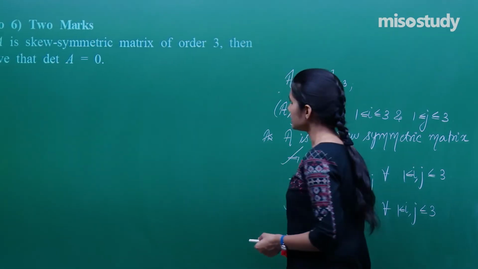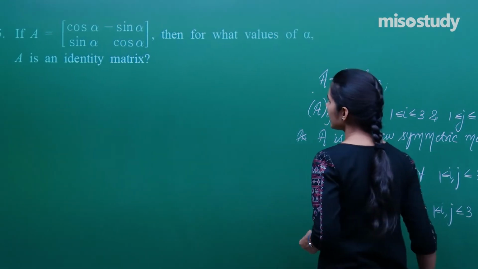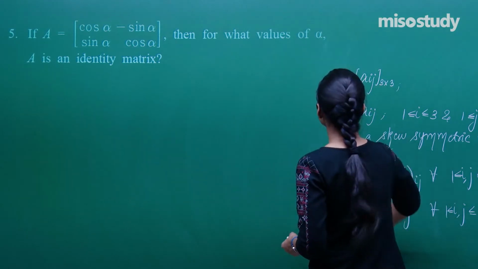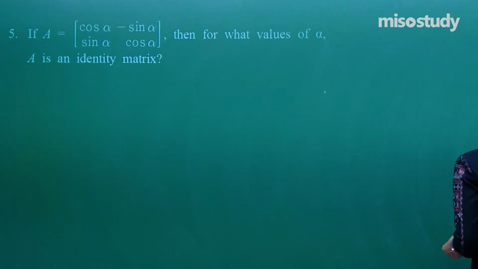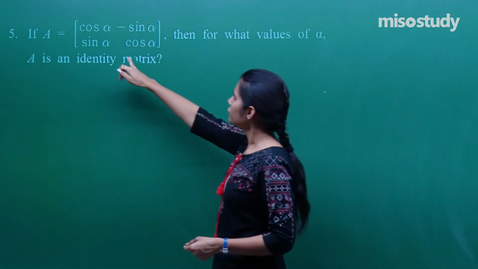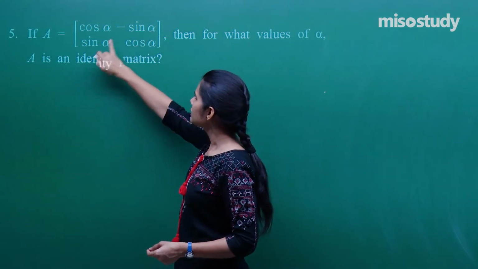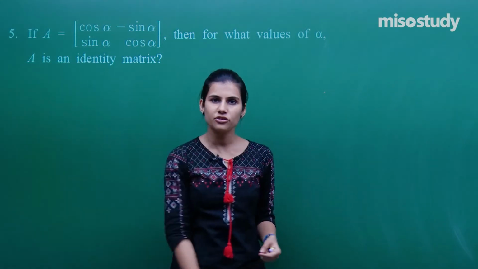We have proved that whenever A is a skew symmetric matrix of order 3, then its determinant is equal to 0. After that, it's given A is this matrix, for what values of alpha is A the identity matrix. Now, A is a square matrix of order 2. A will be the identity matrix of order 2 only when the 1/1th entry is 1, the 1/2th entry is 0, the 2/1th entry is 0 and the 2/2th entry is 1.